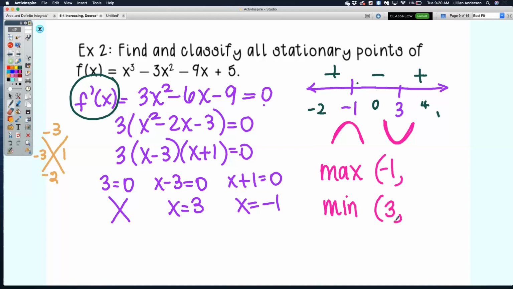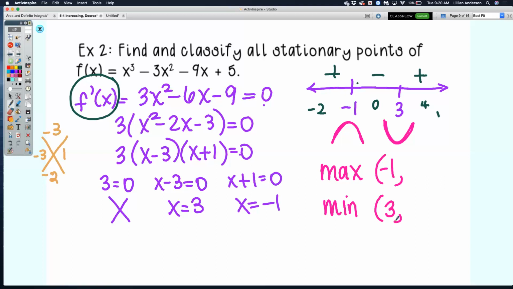These are coordinates on the original graph. How do I find the corresponding y values to go along with them? Plug the x values back into the original function. So do that now. I'm actually finding the coordinates of my maximum and minimum just to go that one step further, because more than likely you'll have to find the coordinates of the maximum versus just determining what it is, okay?